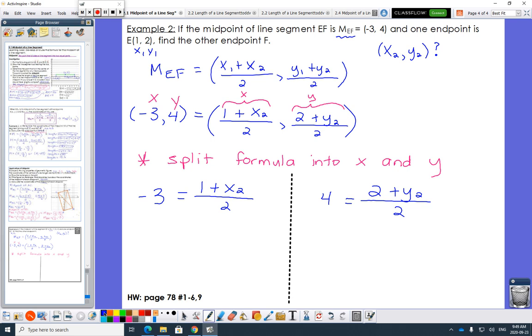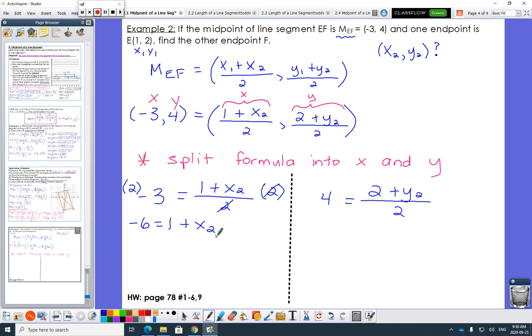If I want to clear this fraction of the 2, what do I have to do? Good. Multiply by 2. Can I just do this? No. Don't forget to multiply the other side by 2, okay? So these cancel. And now this is a pretty straightforward equation to solve.